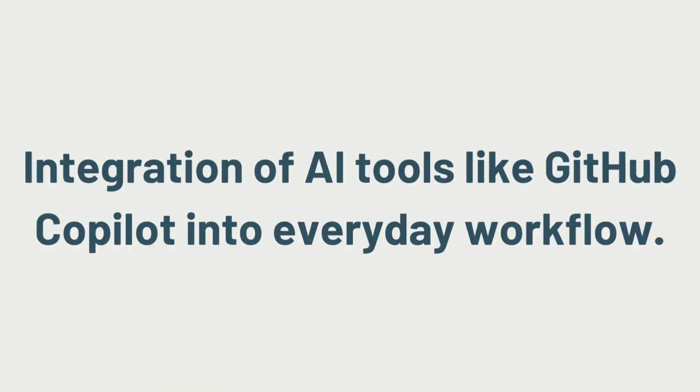The next topic is integration of AI tools like GitHub Copilot into your everyday workflow. There is a new AI tool for almost everything these days. It would be great if we can take advantage of them. Often, however, these AI tools are paid, but you could also go for open source options and learn to add some of the AI tools into your everyday workflow and see how productive you've become.